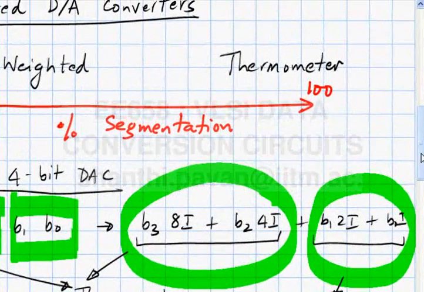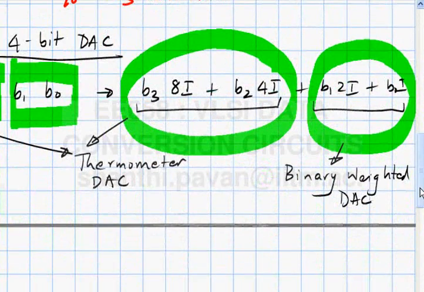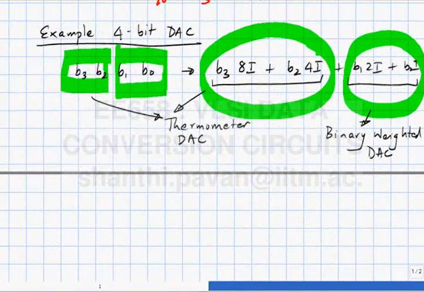So one advantage is immediately obvious. What is it? When you have a full thermometer for the whole 4 bits, what do you think is the decoding complexity? It is proportional to 2 to the power n, about 15, or 16.